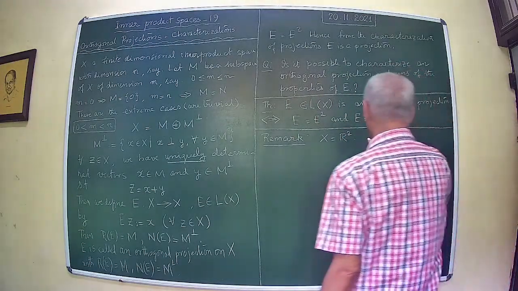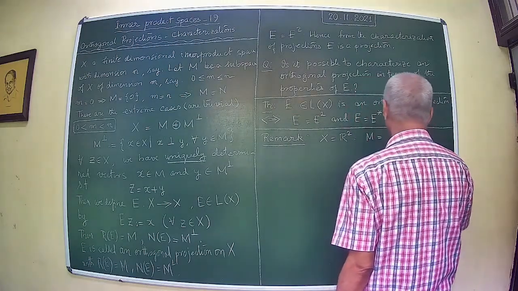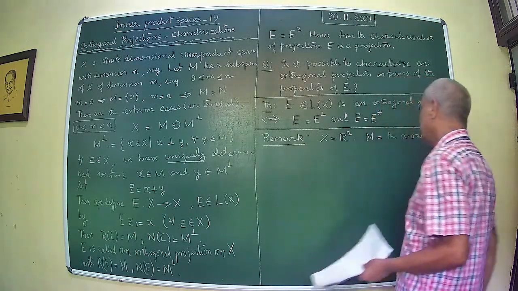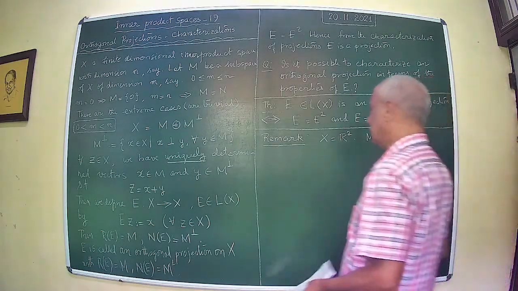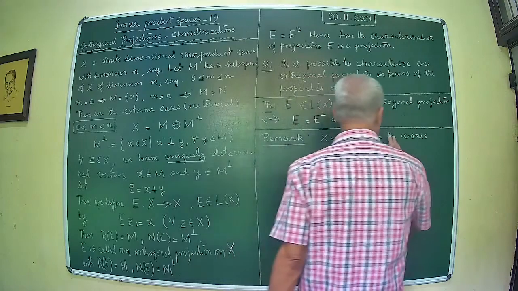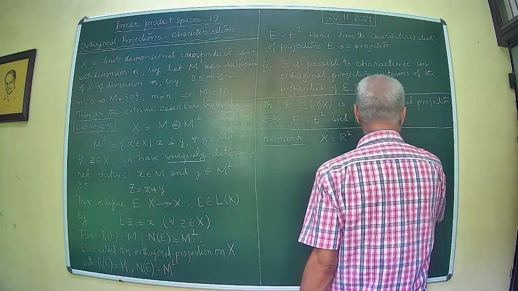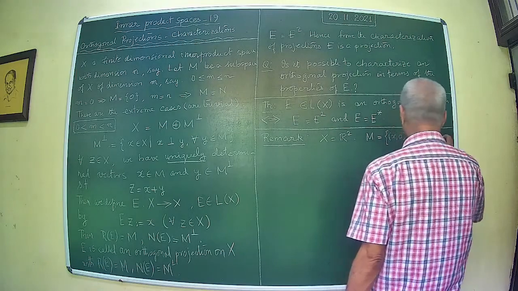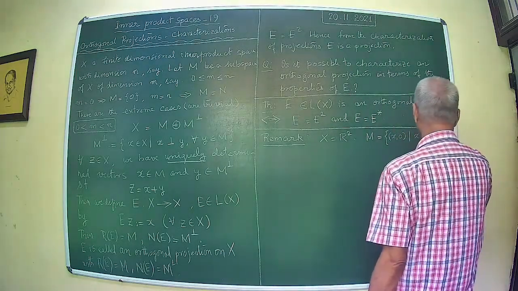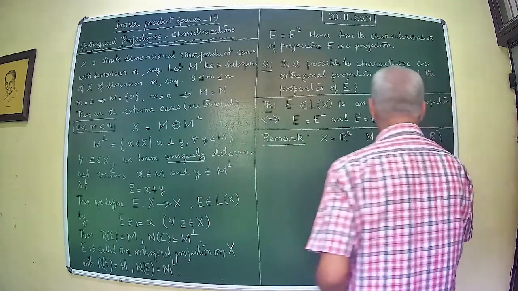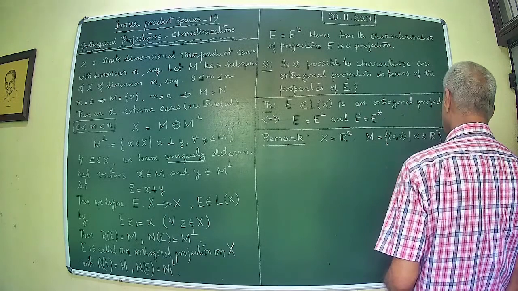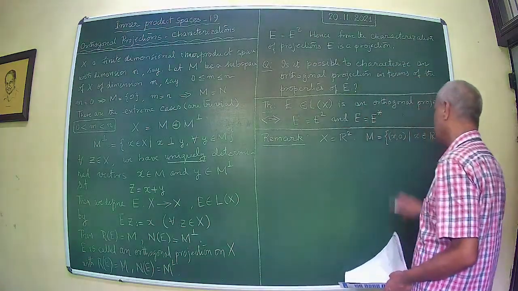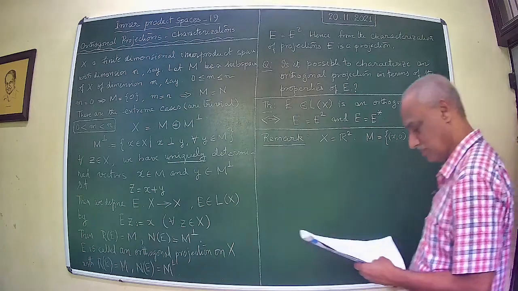Now we take M to be equal to the x-axis, the set of all x belonging to R. This can be equally well described as all those xy for which y equal to 0. Okay.